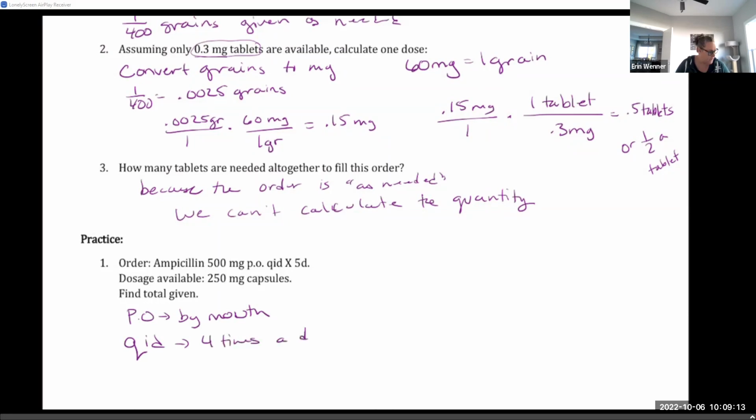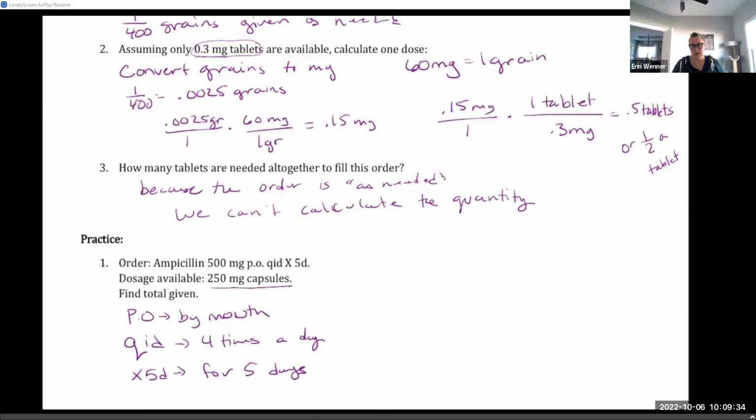And then X5D means for 5 days. So we're supposed to give 500 milligrams by mouth 4 times a day for 5 days. So if the dosage available is 250 milligram capsules, find the total given.